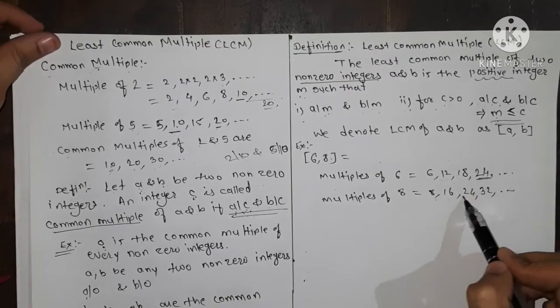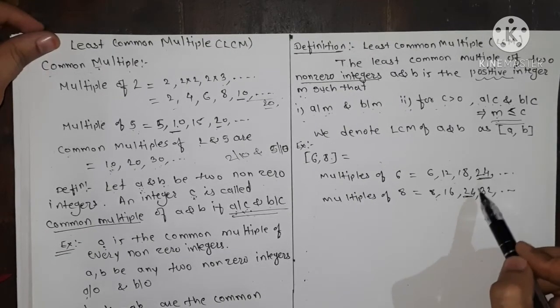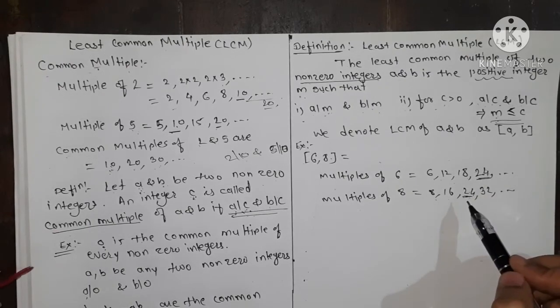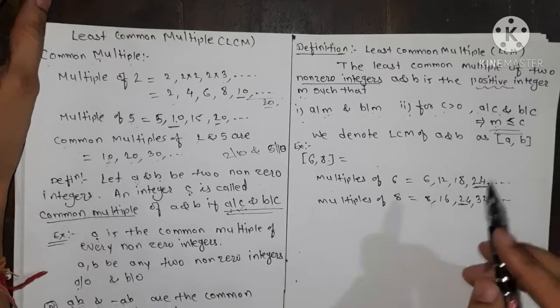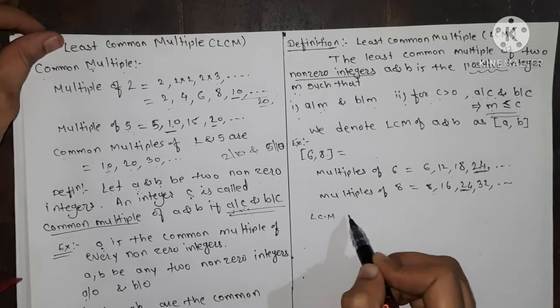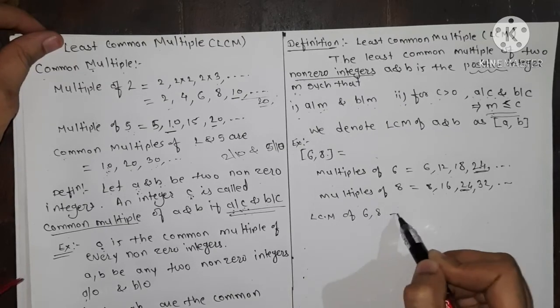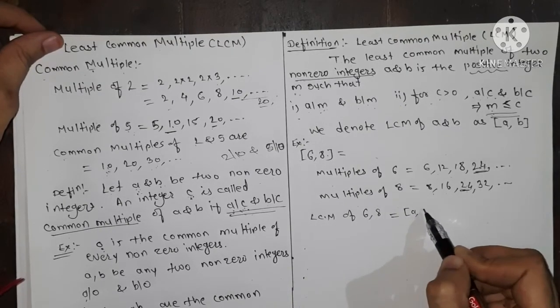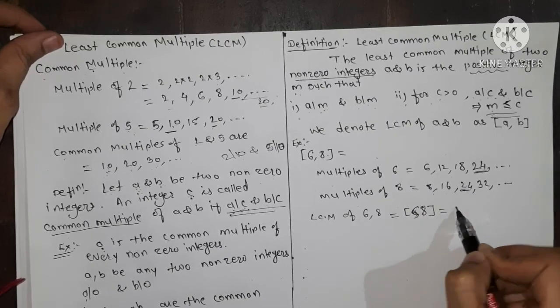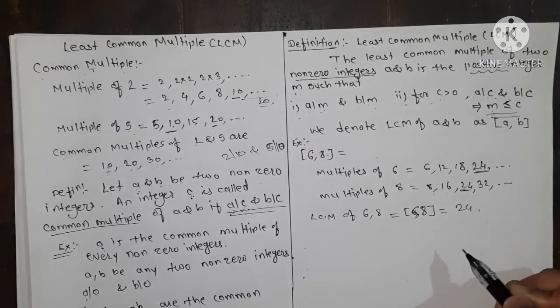So here the common multiple is 24, and this is the first one that comes up, so we call this the least common multiple. So the LCM of 6 and 8, denoted [6, 8], is equal to 24.